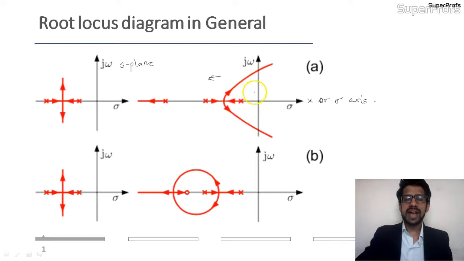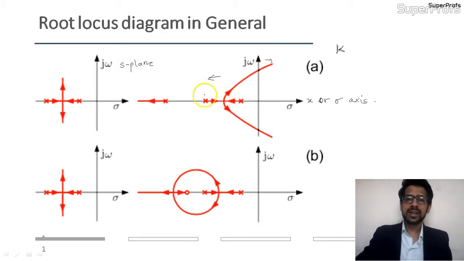Now, as you can see graphically, you exactly know at what value of K this particular red diagram crosses the j omega axis and goes into the right side of the S-plane. This is how you know that the system will not be stable after a particular value of K, when the diagram crosses the j omega axis.